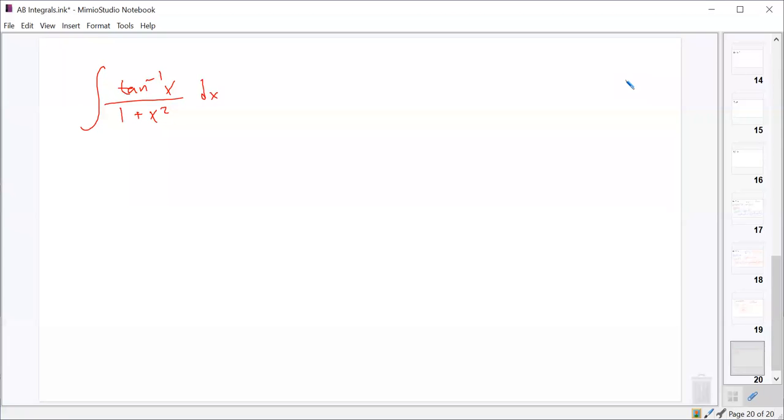All right, so this one looks tricky, especially because there's no antiderivative of inverse tangent that we've talked about. But if we think about inverse tangent, we know what its derivative is, right? What's the derivative of inverse tangent? It ought to be 1 over 1 plus x squared dx. And so if I write this out, that's effectively what I've got.